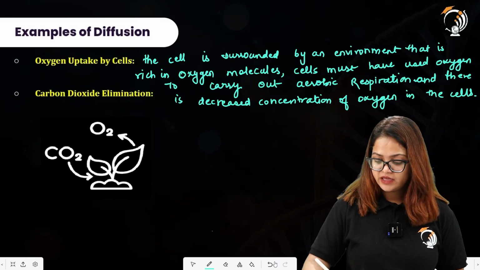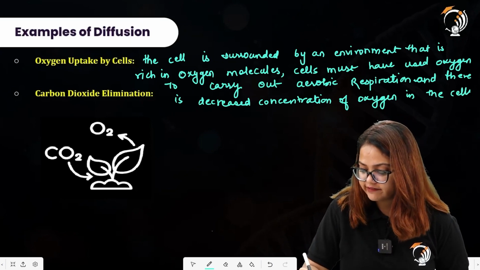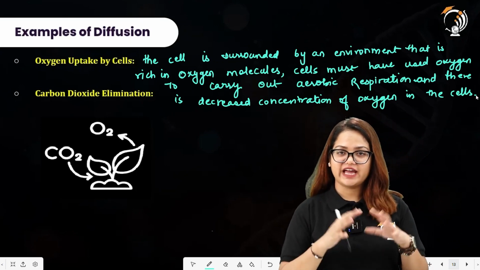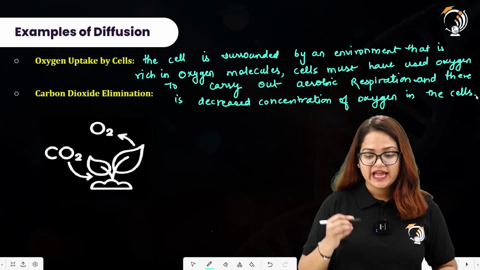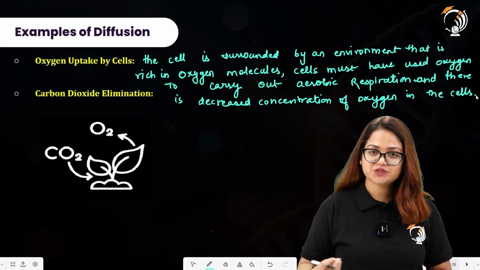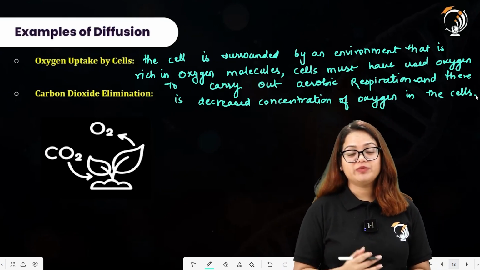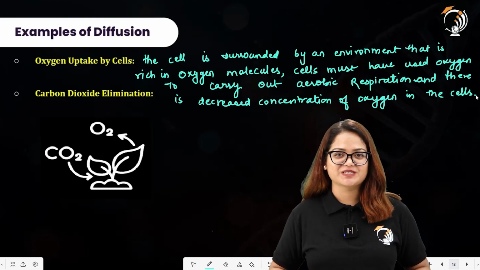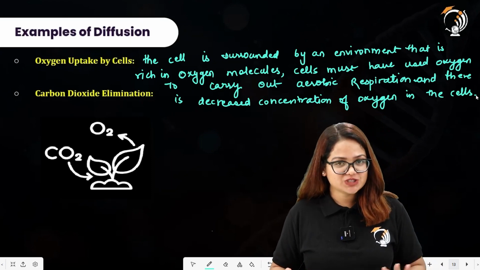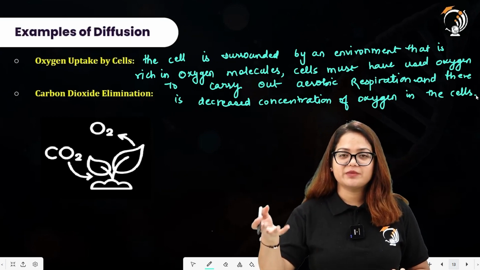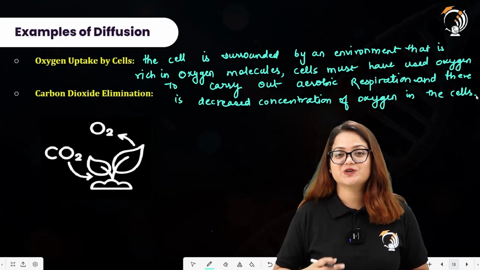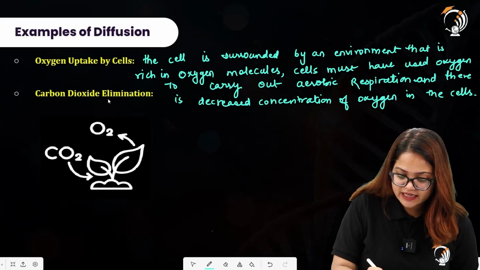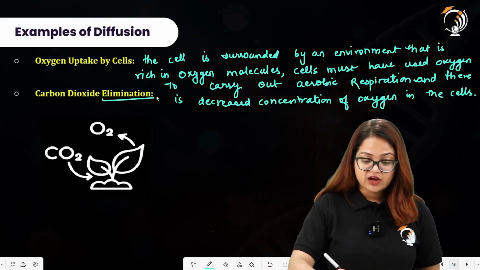By this we can understand that there is a development of a concentration gradient: the medium surrounding the cell has a high concentration of oxygen molecules, and the cells, since they have used up the oxygen to carry out aerobic respiration, have become deficient in oxygen molecules. So there will be a movement of oxygen molecules from the outer environment into the cells, and this follows the process of diffusion.